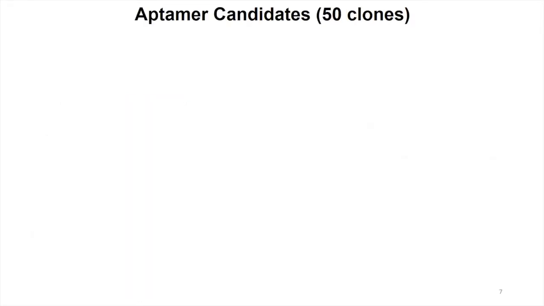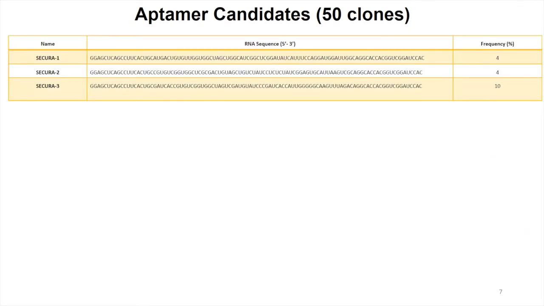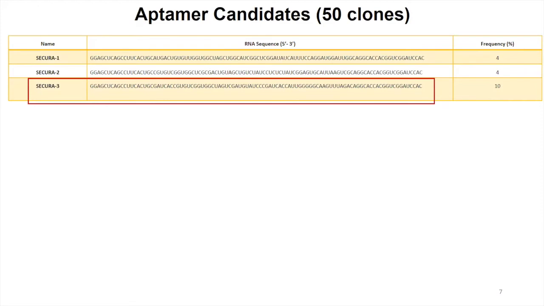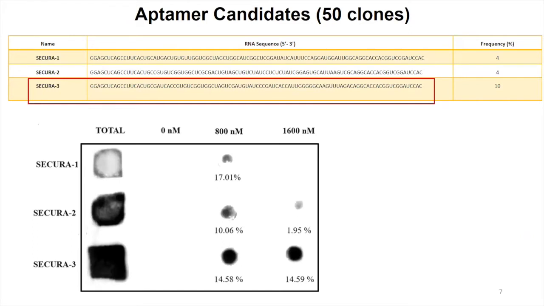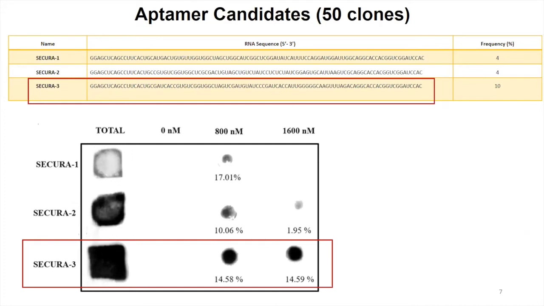So up next, we sent approximately 50 clones for sequencing. And upon the sequence analysis that we have carried out, we realized that there are three different classes of sequences, while the rest of the sequences appear only once. And we decided to validate the binding of each and every single class of sequences by filter binding assay.